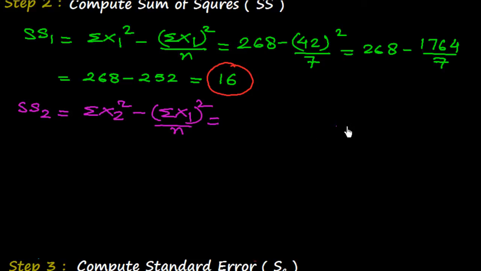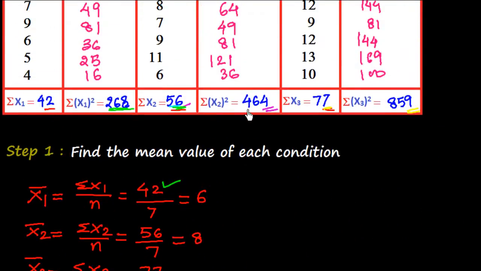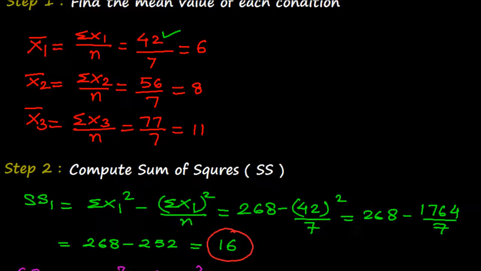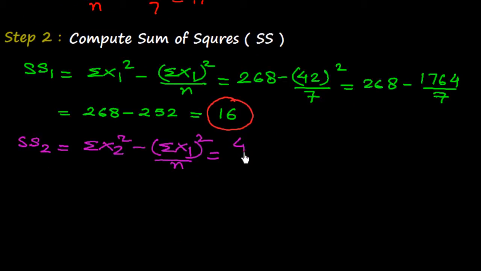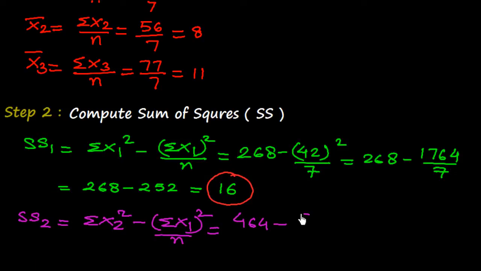So we get here summation of x2 square, which is 464. So we will write here 464 minus summation of x2, which is 56. So 56 square over the total number of observations in this column, which is 7.